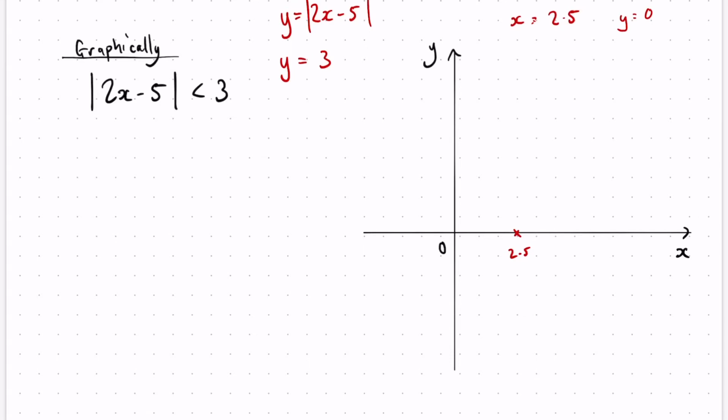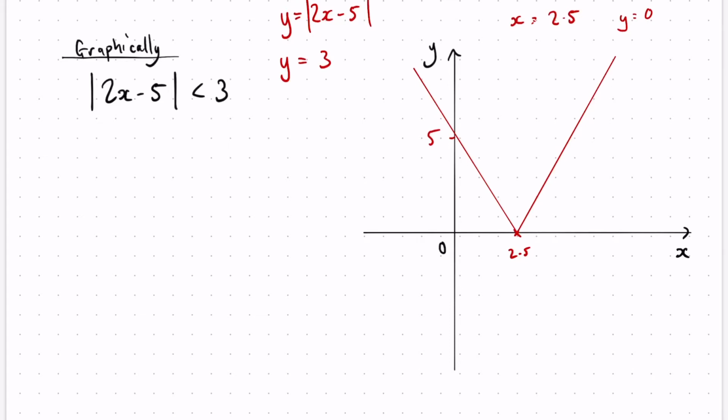And it's a graph which has gradient 2, so every one along it goes 2 up. The intercept at the y-axis will be at positive 5 because it's the modulus of the minus 5. And then it will look something like that. That's what our graph would look like.